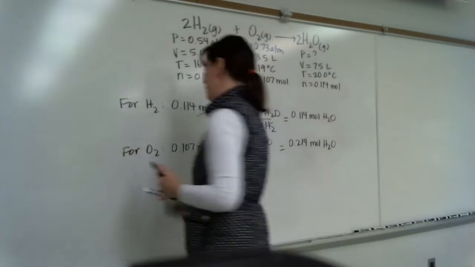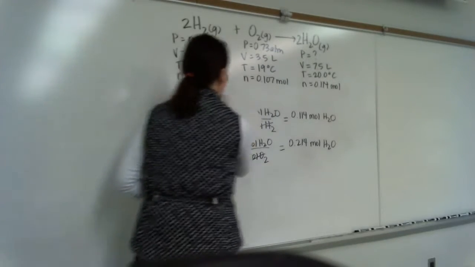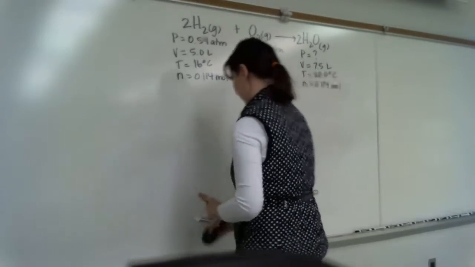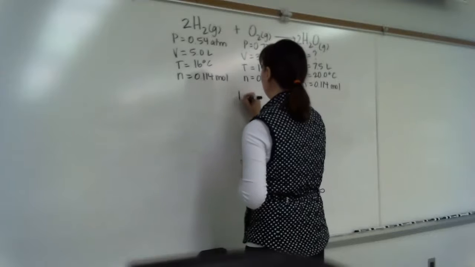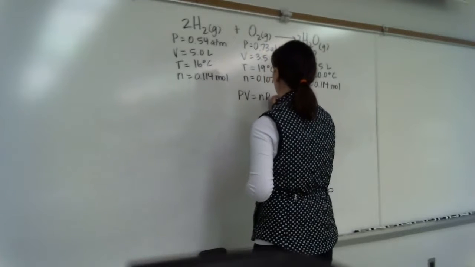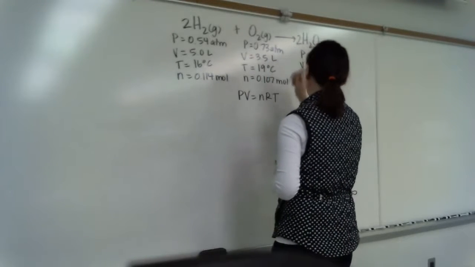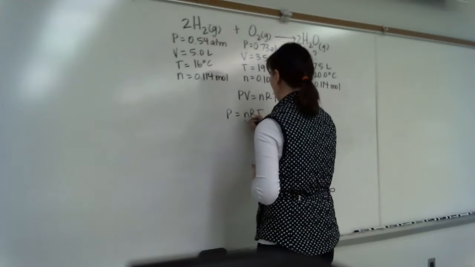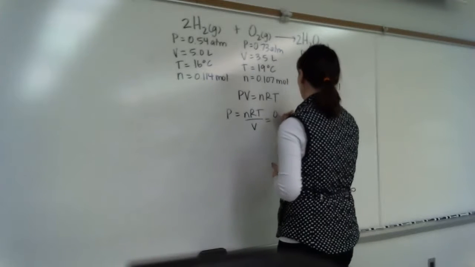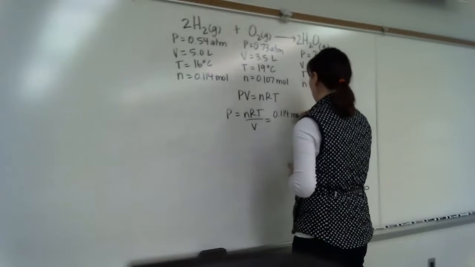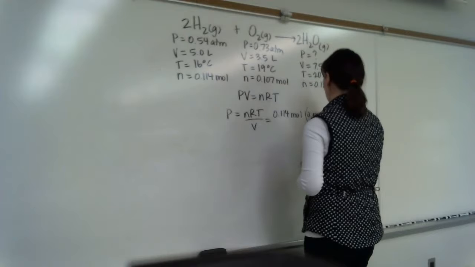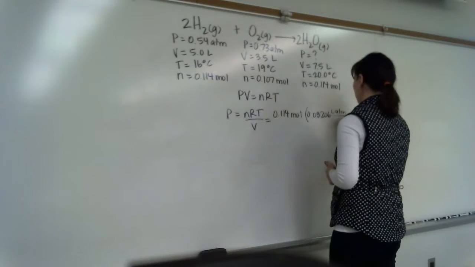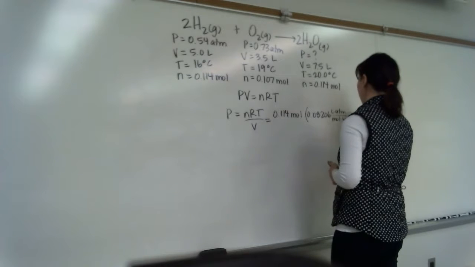All right, now what am I doing? Yes, Matt. What formula do I use? P equals. All right, the ideal gas law. PV is equal to nRT. We're solving for P, right? So P would be nRT over V. So 0.114 moles times 0.08206 liter atmospheres per mole Kelvin.